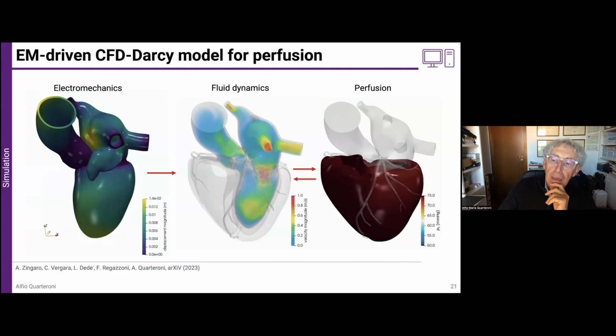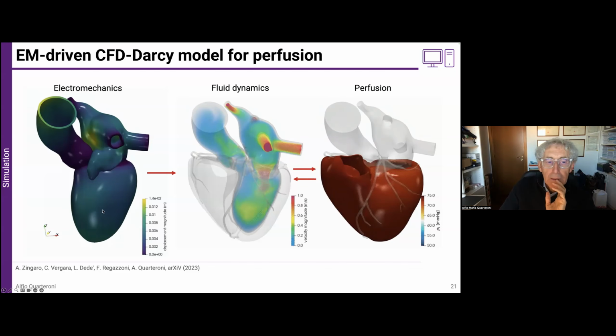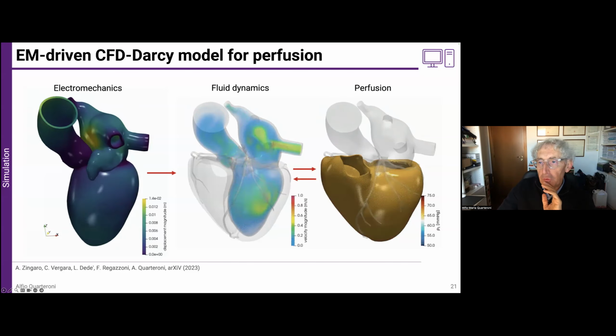This is the last picture that I want to show, the perfusion of the myocardium.